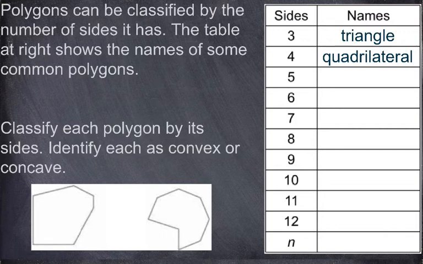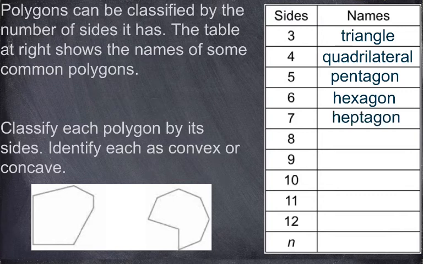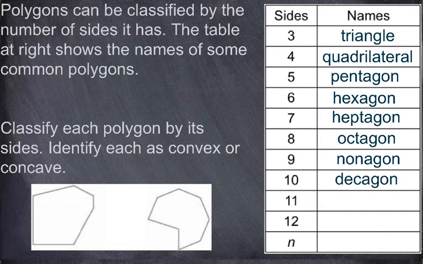5-sided is a pentagon. 6-sided, a hexagon. 7-sided, a heptagon. 8-sided, an octagon. 9-sided is a nonagon. 10 sides is called a decagon. Now 11, feel bad for 11. 11 didn't get a name.